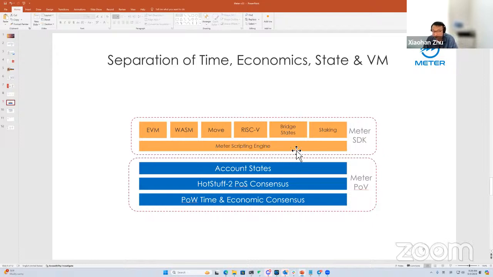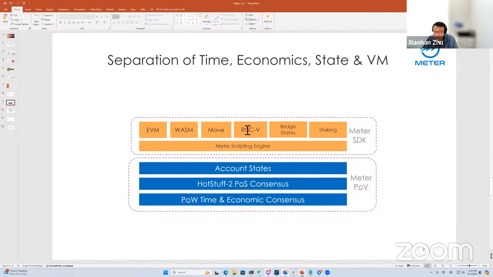This engine serves all the staking and validation related things, and also we can plug in any interactions with the underlying account abstractions for the user. And on top of that, currently we have the EVM running, but you can add different VMs and other protocols on top of the Meter scripting engine.